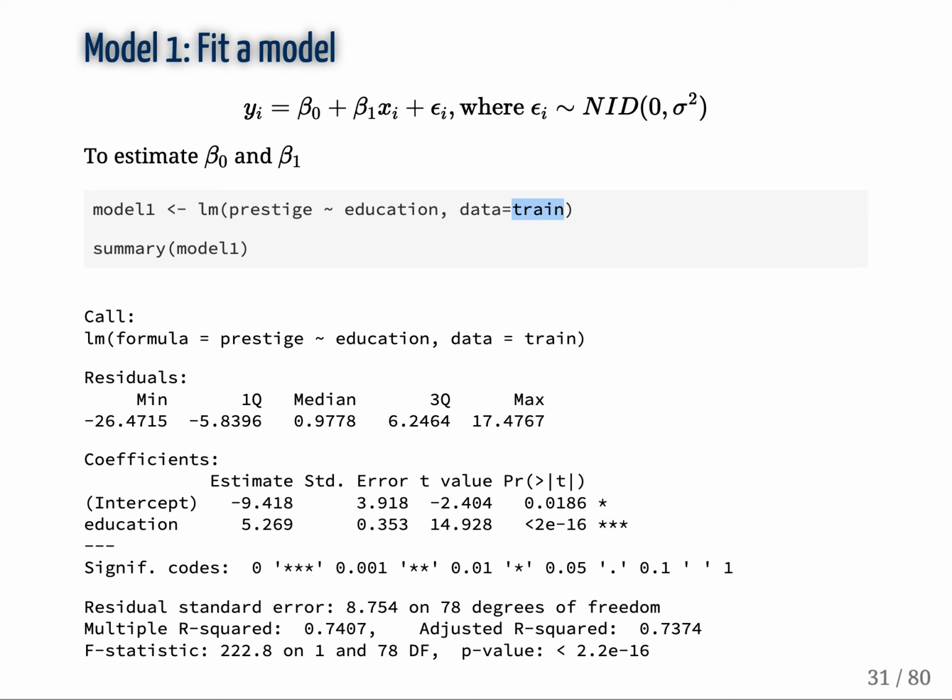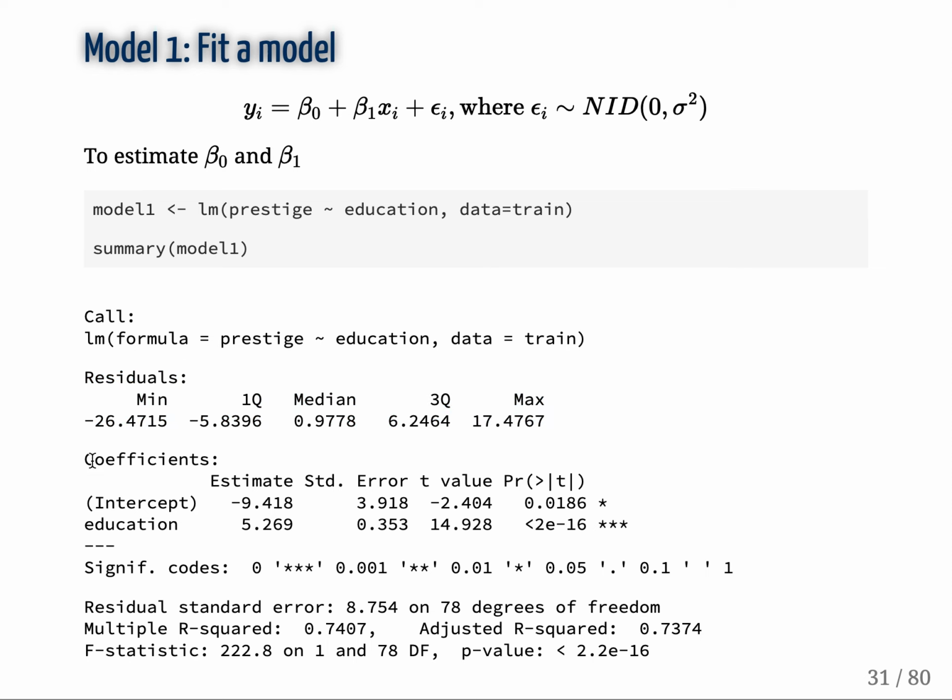In order to view the results, you can use summary(model1). Here the output of this function is stored under model1. So in order to view the corresponding output, you have to pass summary(model1). Here you have summary statistics of residuals.